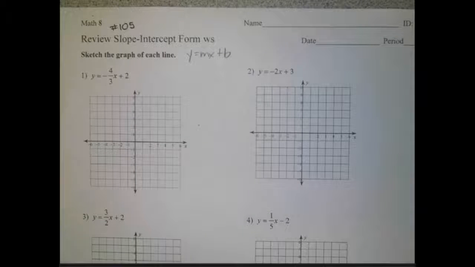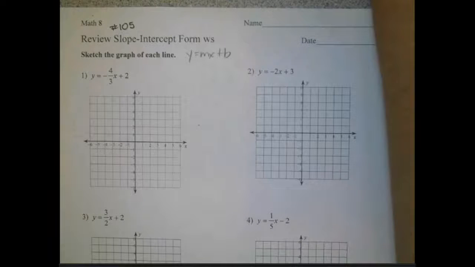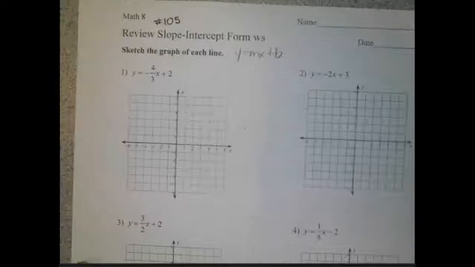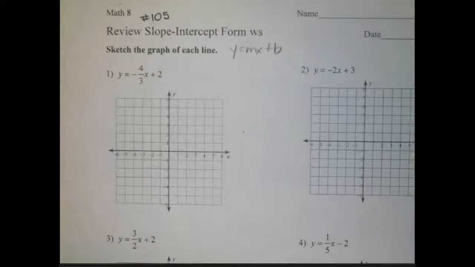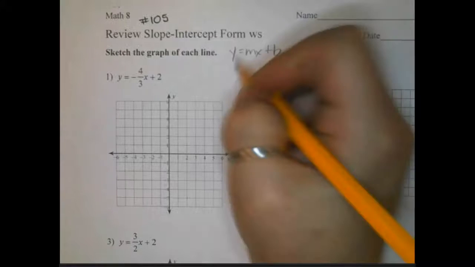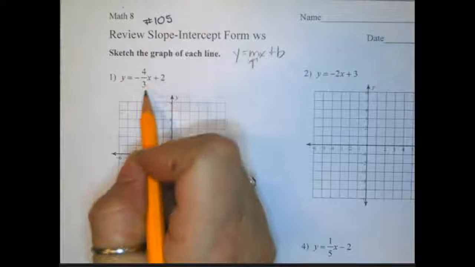Okay, what is my slope for number 1? Negative 4 over 3. So my m right here is this.